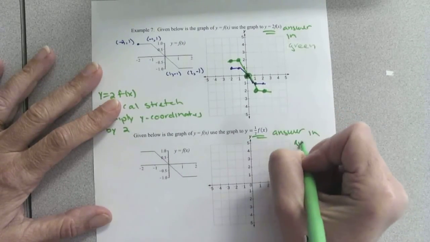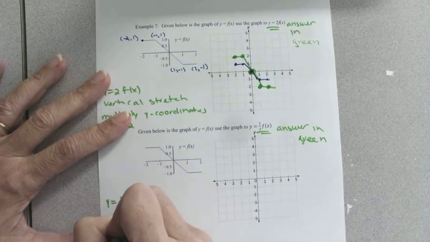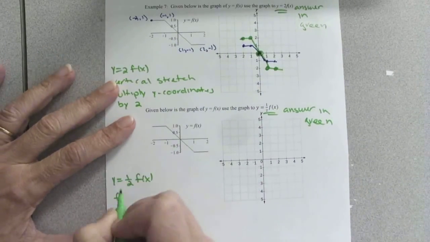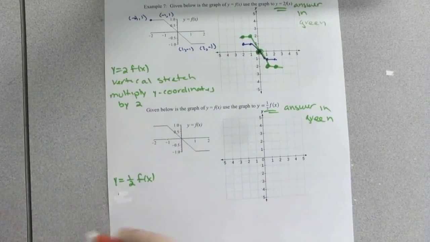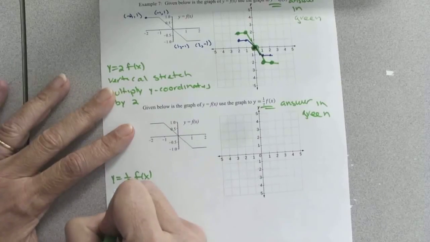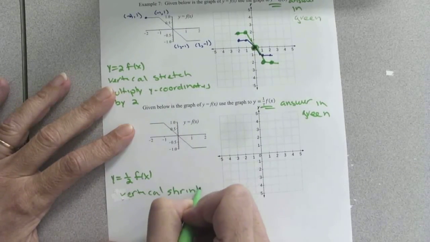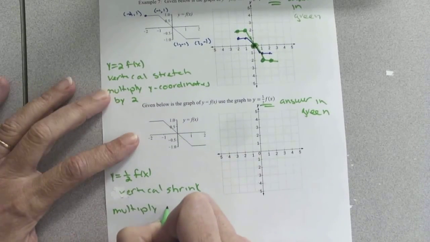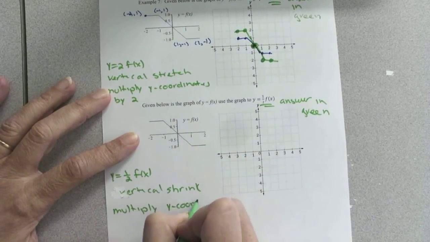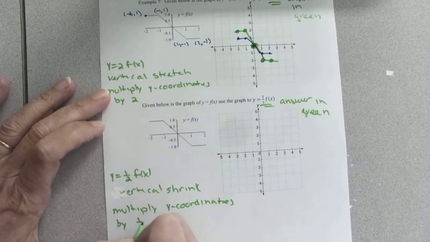Answer in green. y equals 1/2 f of x. That's going to be a vertical shrink. Multiply y coordinates by 1/2.